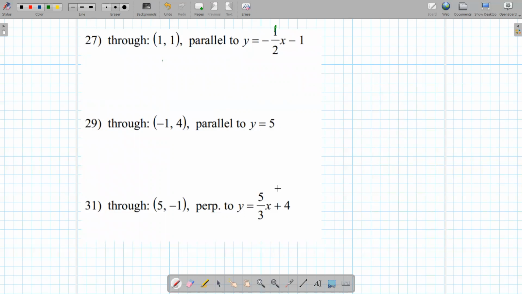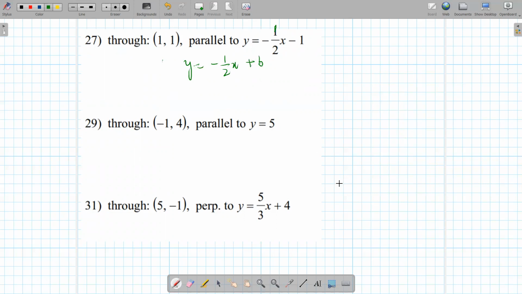Wait, what is it asking? Find the equation of a line that goes through that point and is parallel to that line. So it has the same slope. Yes, it does. So y equals -1/2x plus b.